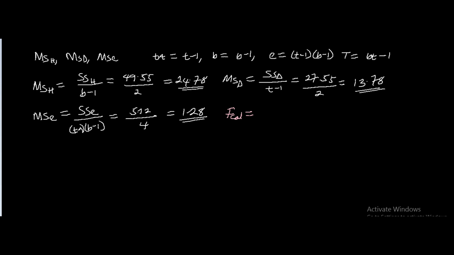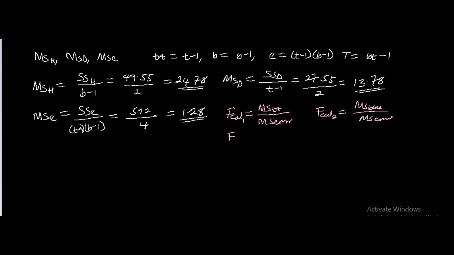So F calculated 1, mean square treatment, is going to be divided by the MS of error, and the second one, F calculated 2, is going to be with respect to mean square block, which will be divided by mean square error.